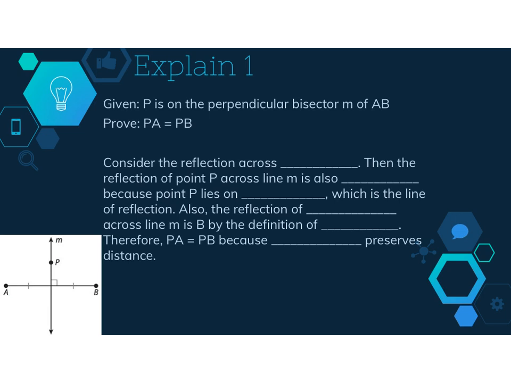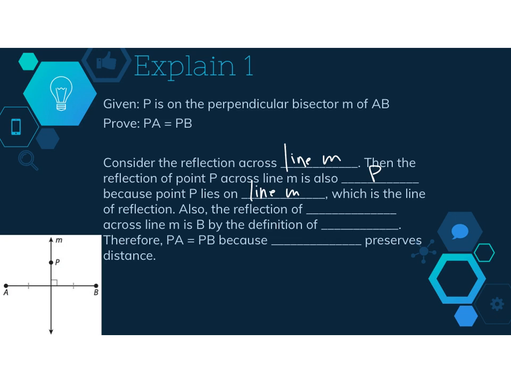So we want to consider the reflection across line M. Then the reflection point of P across line M is also P. Although that sounds a little confusing, all it's saying is that since point P lies on line M, when we reflect it, it's still on that same line. So we're just stating point P is point P, but the reflection part is what comes next.